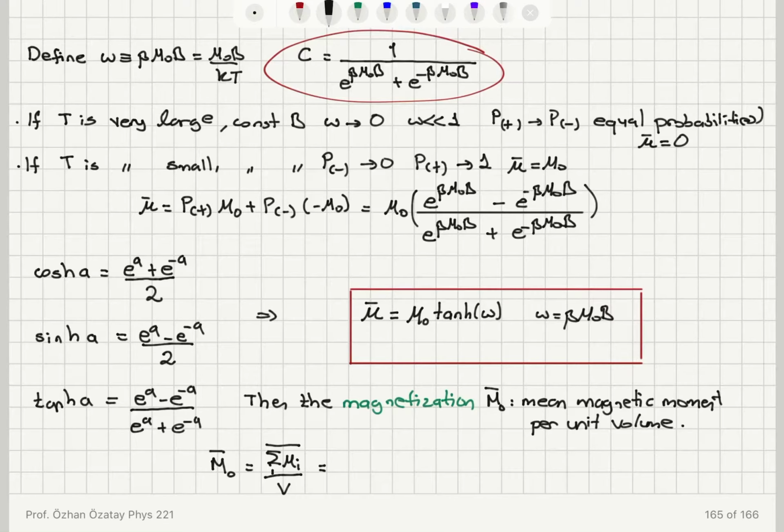Since I have an ideal spin system, these moments do not interact with each other.